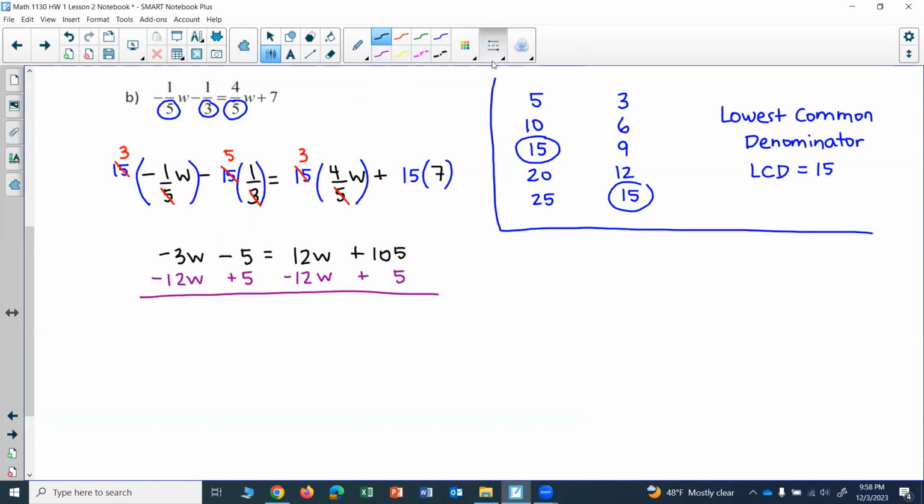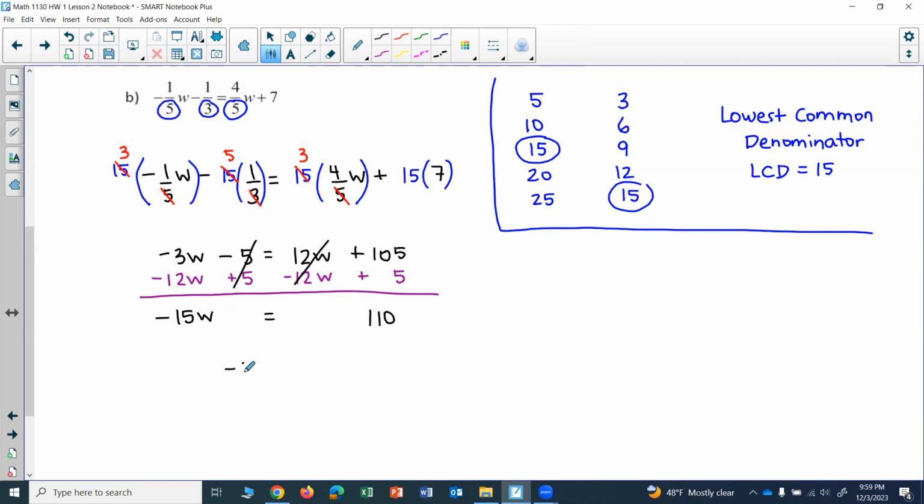All right, so now I have on the left-hand side of the equal sign, negative 3w minus 12w gives me negative 15w. Negative 5 plus 5, those cancel each other out, equals 12w minus 12w, those cancel each other out, and then 105 plus 5, so equals 110.